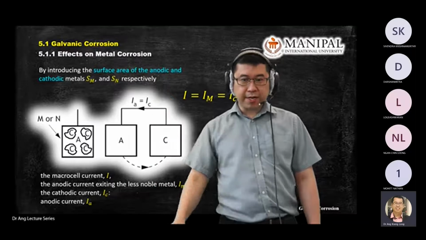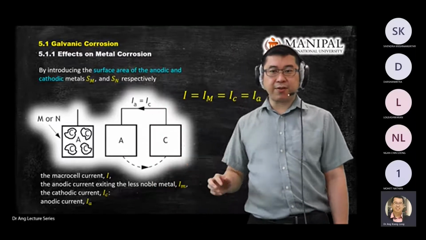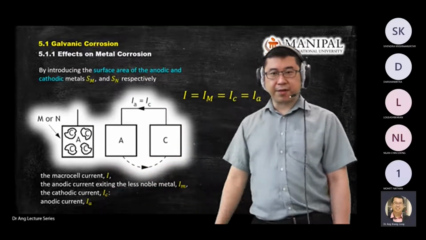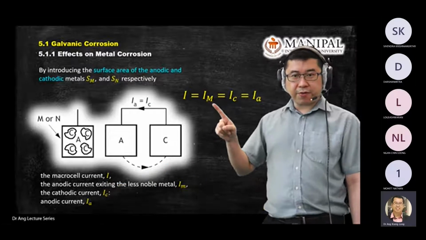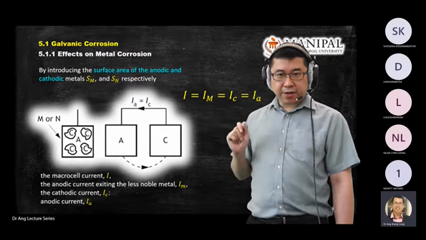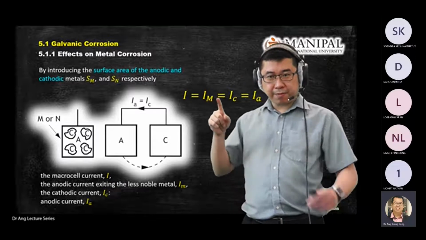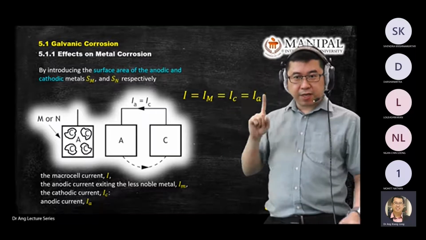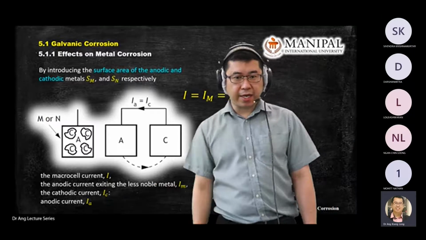So you cut the system into half. You have half cell, half cell. Half cell plus half cell, you get the cell, right? So I equals the current of your anode, IM, which equals the current of your cathode, equal to the anodic current, IA.